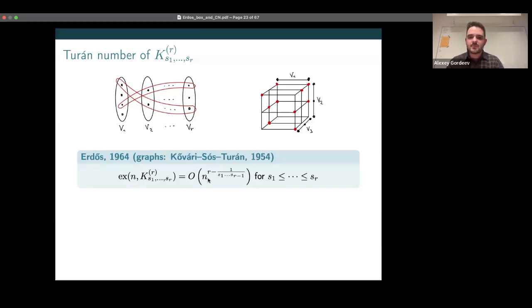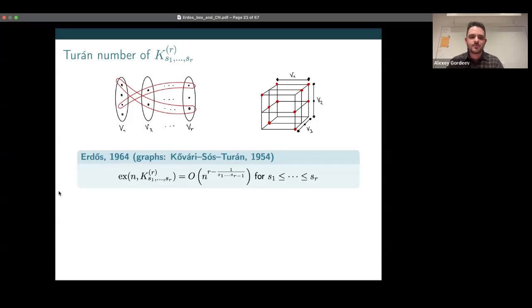You can show that the maximum number of edges in a hypergraph free of these subgraphs is definitely smaller than n to the r, and what you can subtract from n to the r is 1 over the product of all parts except the largest part. His proof is basically for any subset of r-1 of these r values, and this is the best bound when you take the r-1 smallest ones.